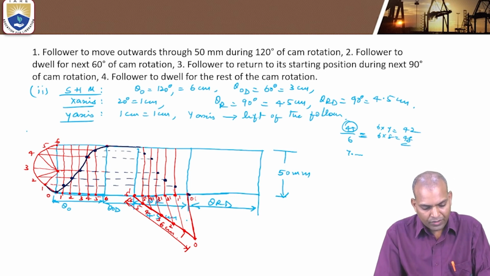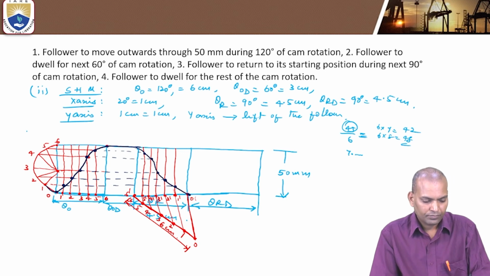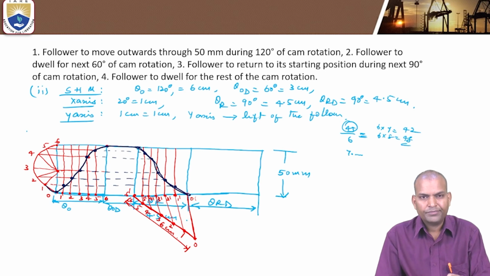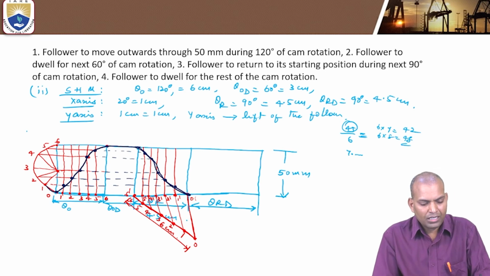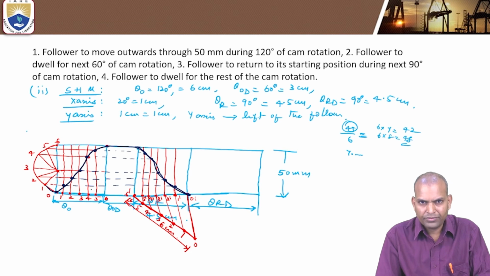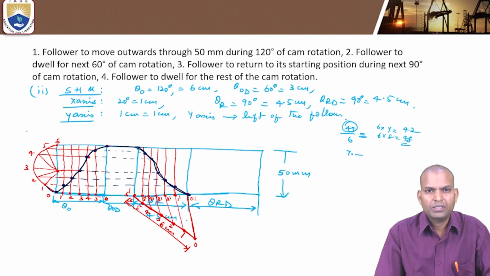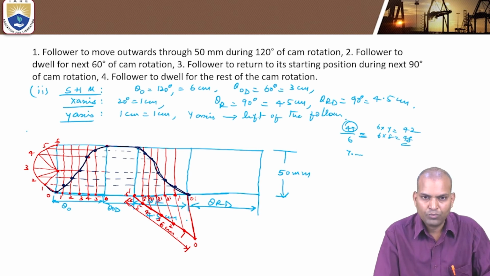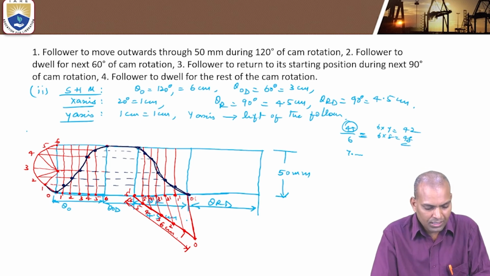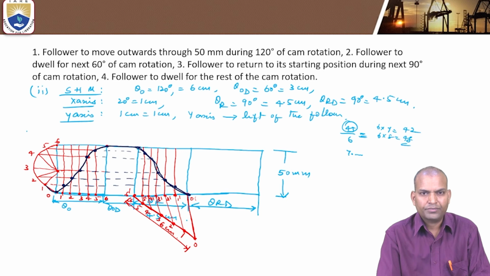Now again join with a smooth curve. This curve indicates the displacement curve of the follower when it is having a motion of simple harmonic motion. This is the displacement curve.